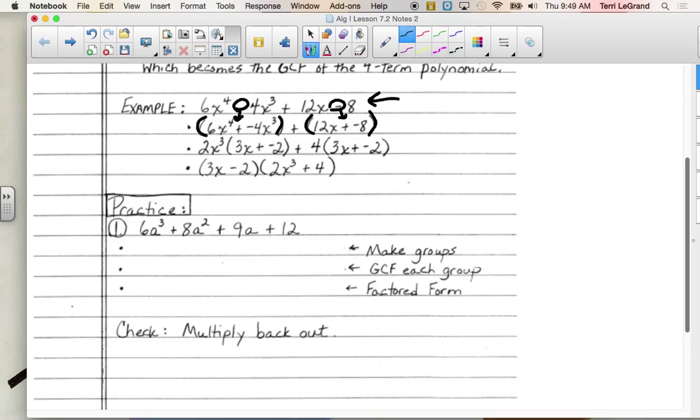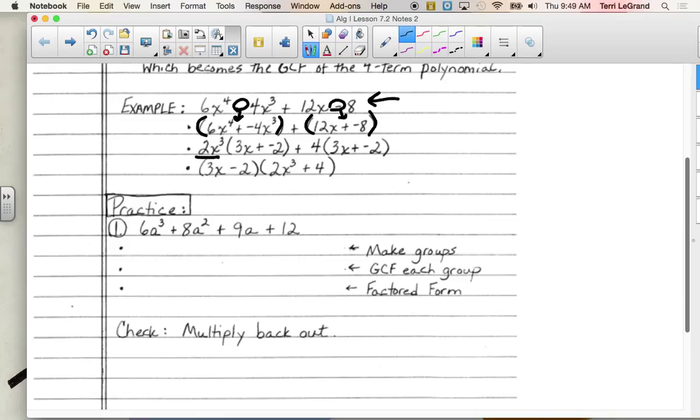So you just look at the number parts first and you say, what's the greatest common factor of 6 and 4? We're going to worry about the negative right now. And that is 2. And then you look at the variable parts, x to the 4th and x to the 3rd, and you say, what's the largest number of x's I can divide out of both terms? And that's x to the 3rd.